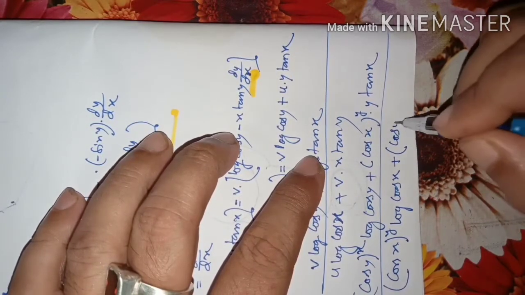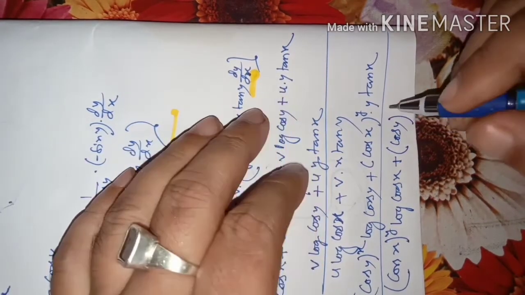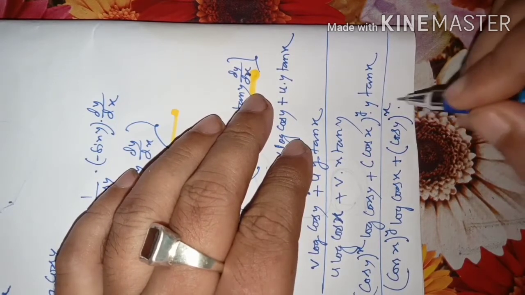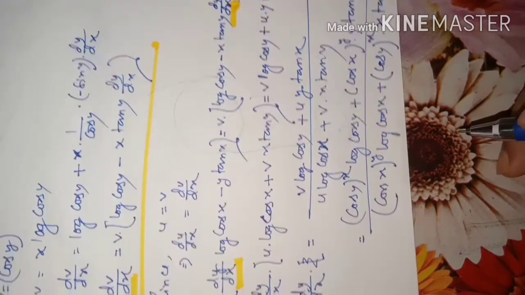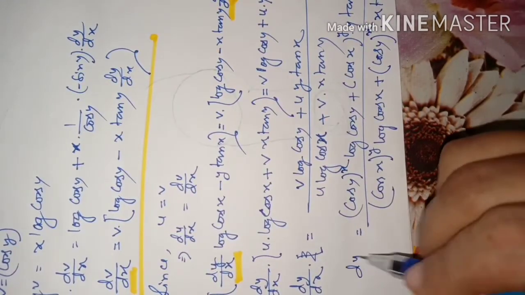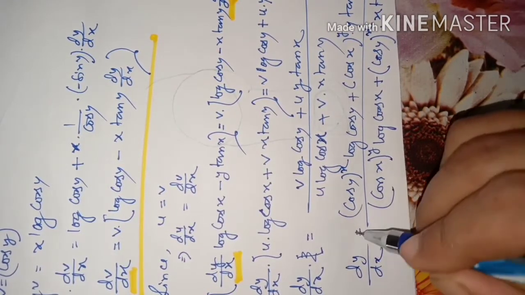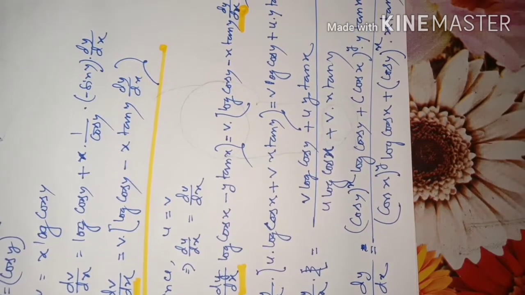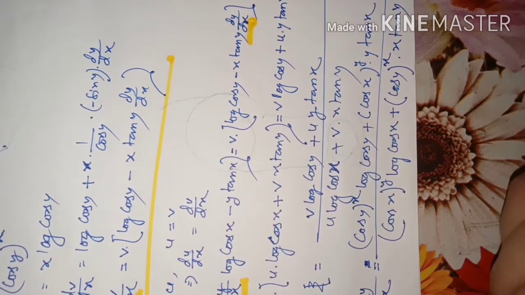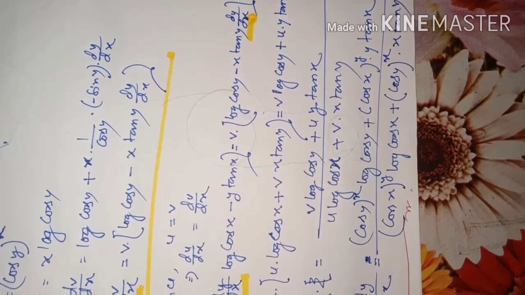Cos y whole to the power of x into x tan y. So this is dy by dx. So this is the final answer.